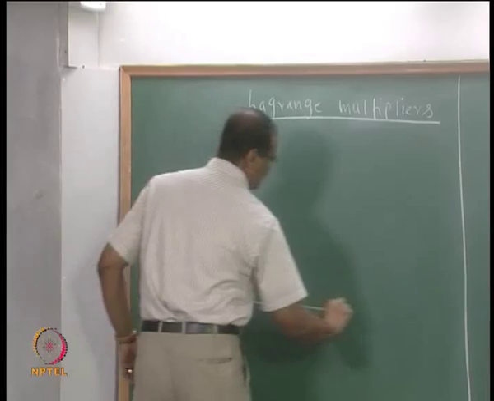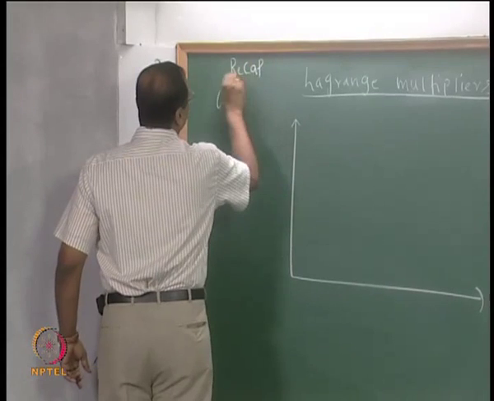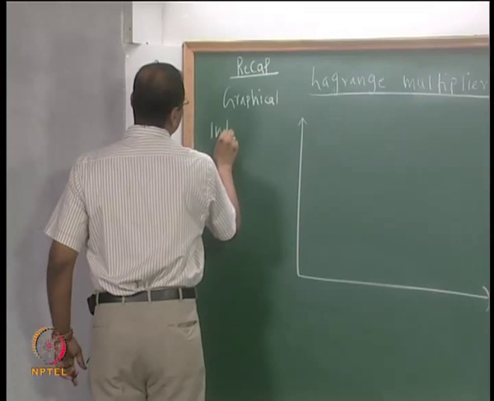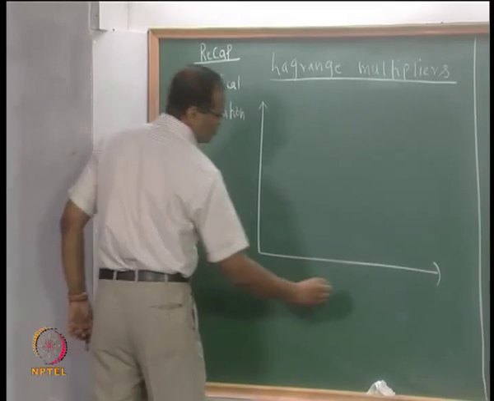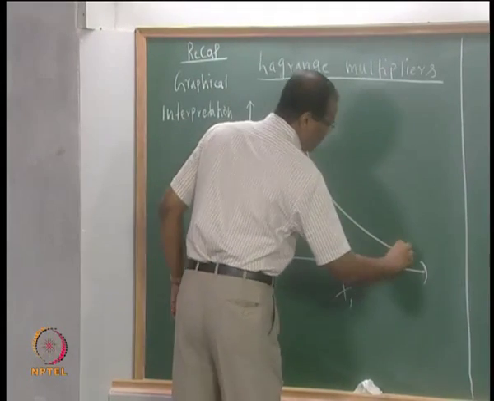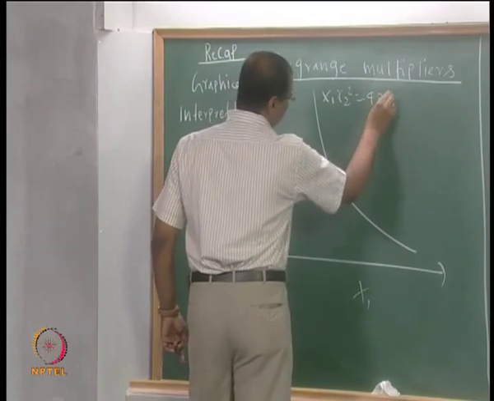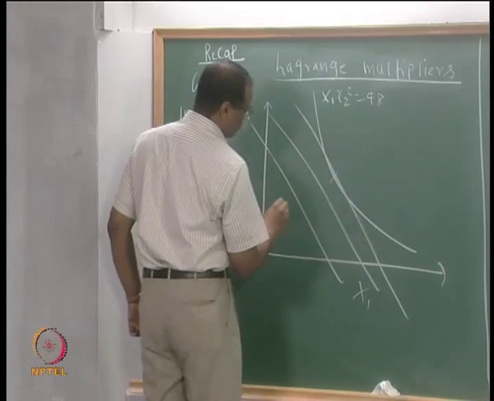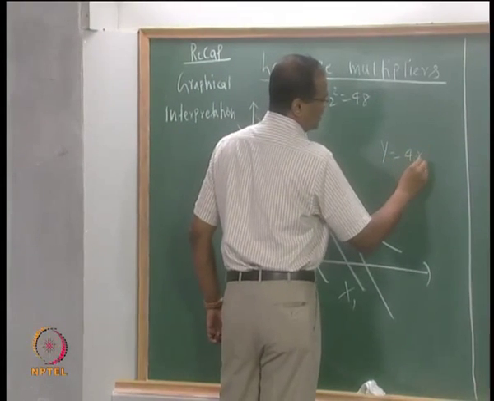So, just a recap on the graphical interpretation. For a two variable problem, this is x1 and x2. Yesterday we drew a constraint like this, x1 x2 square is 48 or something. Then we drew y equal to c1, y equal to c2, and so on, where y is equal to 4x1 plus 3x2.